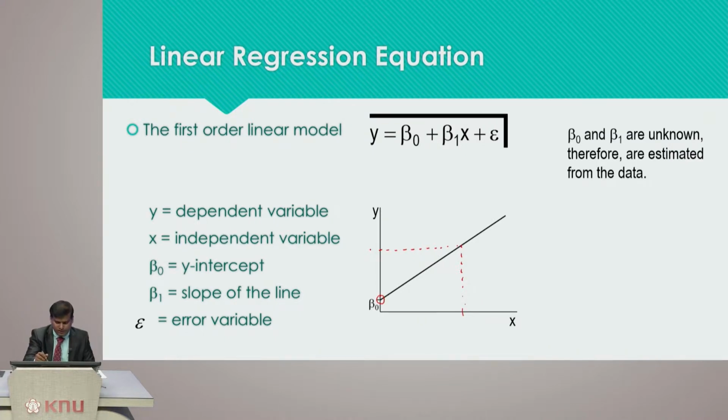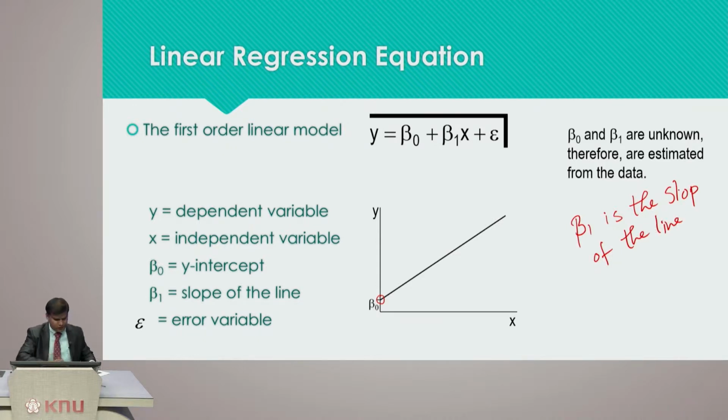So what we are looking at here is the slope. Beta 1 is the slope of the line, and it can also be referred to as the coefficient.